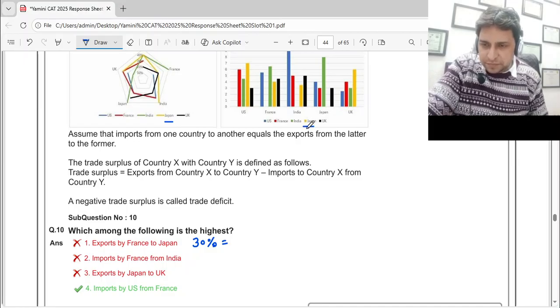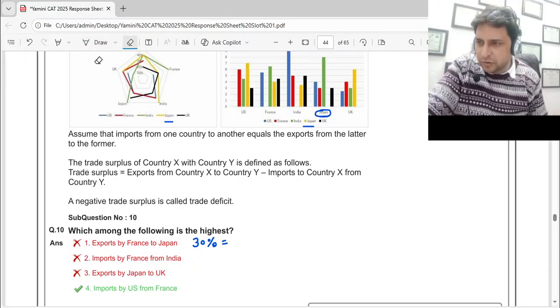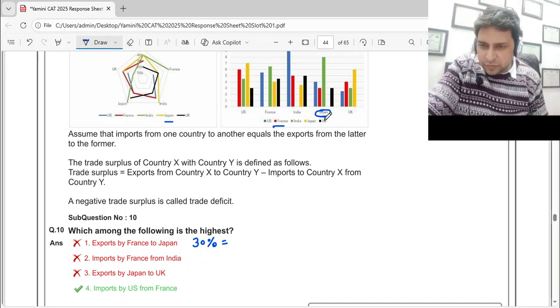Japan, France, we have to see this for France. It is coming to be this number, 3. Now 3, what exactly does it mean? 30% is equal to 3, that means 100% is equal to 10.